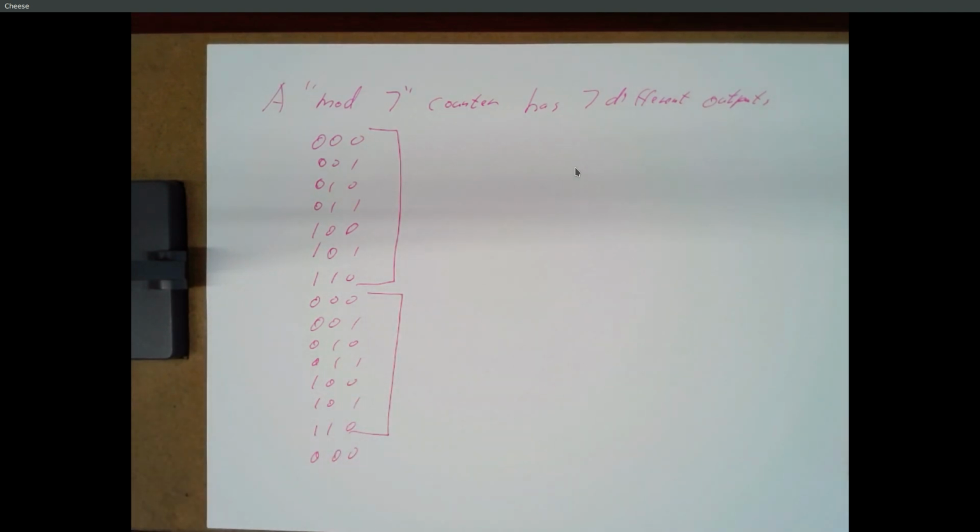Right, so that's what mod 7 means. A mod 10 counter would have 10 different output values, basically from 0 up through 9, then it would go back to 0. And it's mod as in the modulus operator, if you know about modulo operators in math or in programming. If not, we'll get to them later.